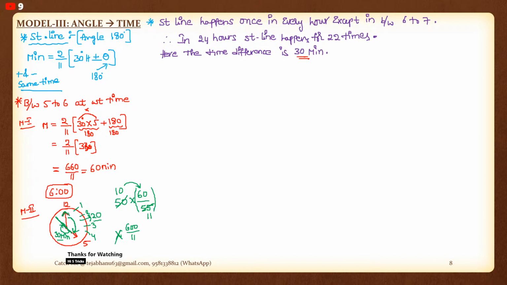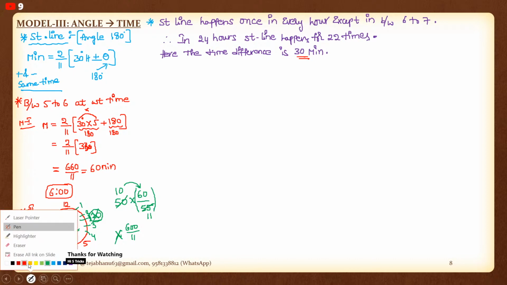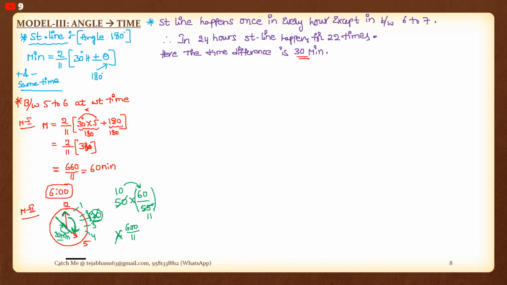This minute hand has to travel 25 minutes. It is not 20 minutes. Keep in mind, this is not 20 minutes. This is 25 minutes. While taking the reading, you should be perfect. You should be careful. So it has to travel 25 minutes.